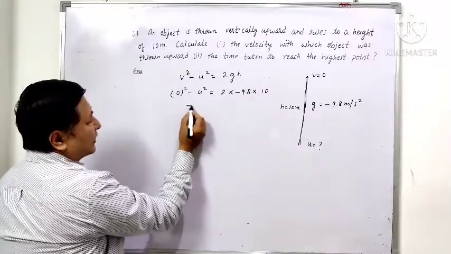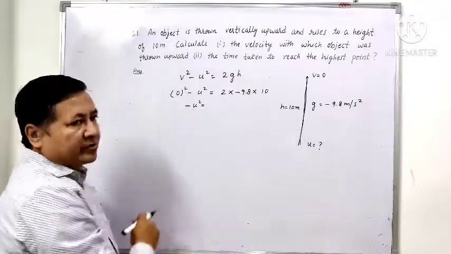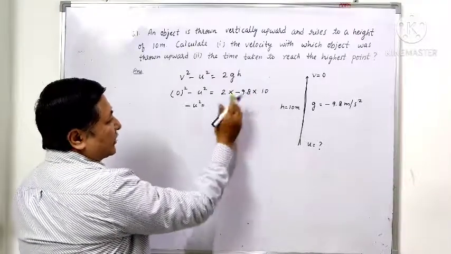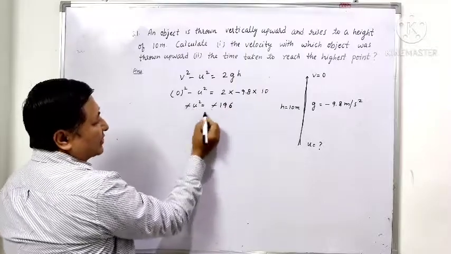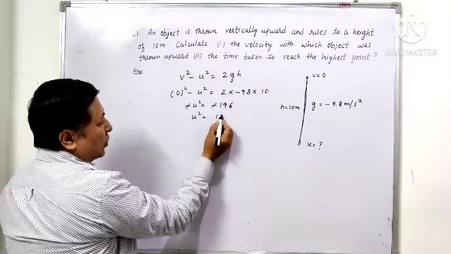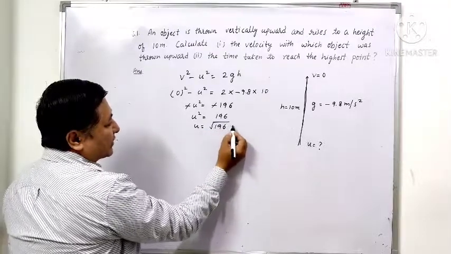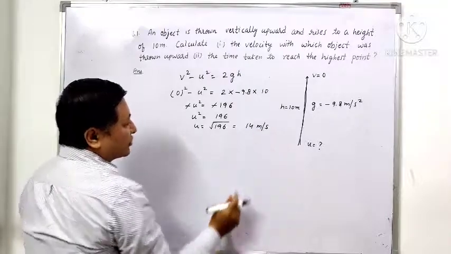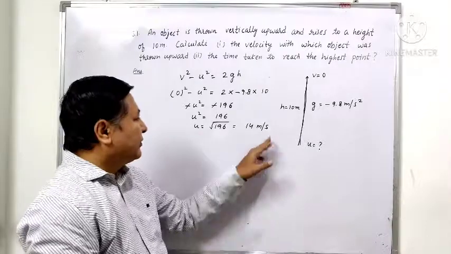So this will become 0 square minus u square, which is minus u square, equal to 2 into minus 9.8 into 10, which is minus 196. This minus will cancel. So u square is equal to 196. So u will be under root of 196, that is 14 meter per second. So the initial velocity with which the object was thrown upward is 14 meter per second.